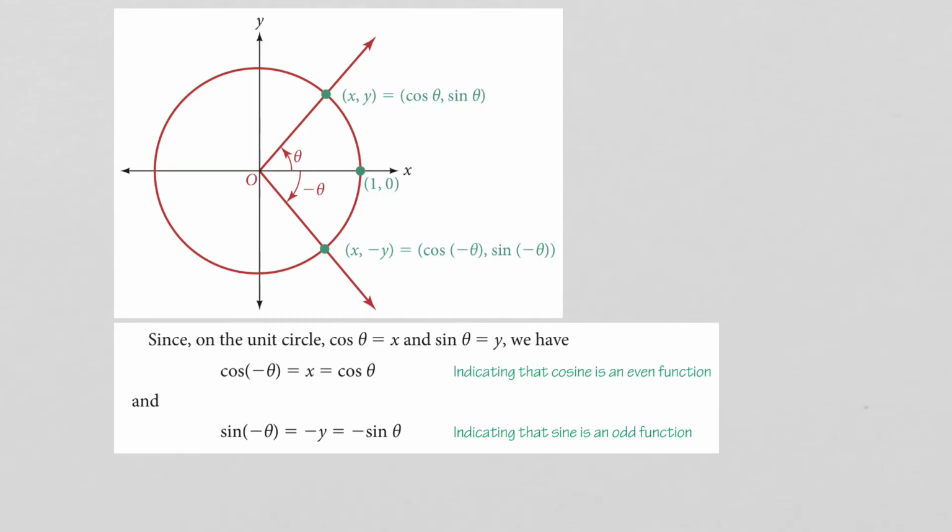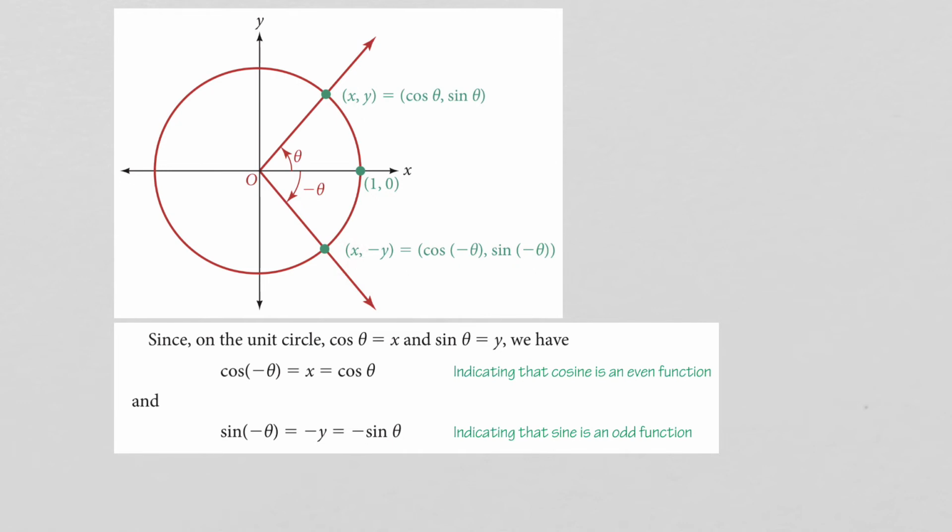So what does this mean for the trigonometric functions? Well, here we have our unit circle. We have our point x, y on the terminal side of some angle theta. And then we have the point x, negative y on the terminal side of negative theta. Now, why is this point x, negative y?